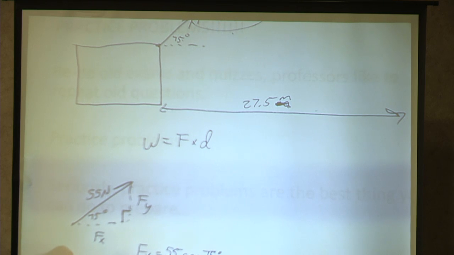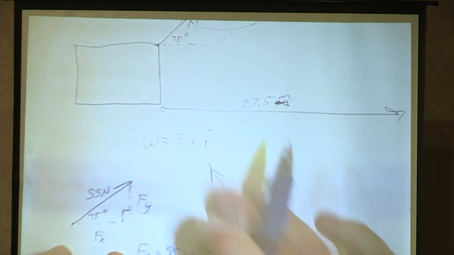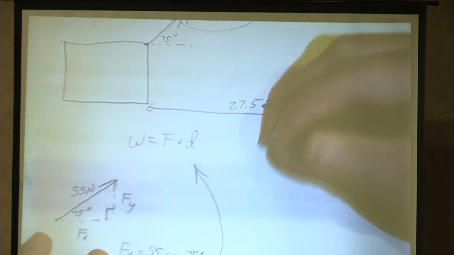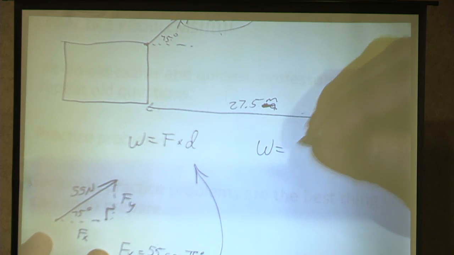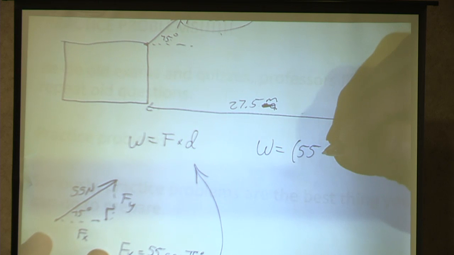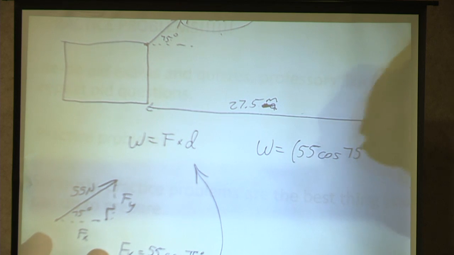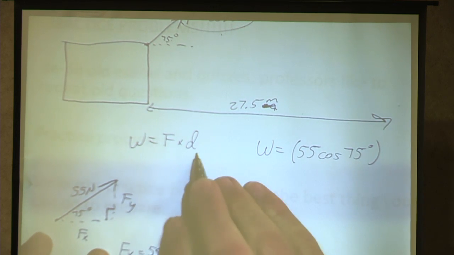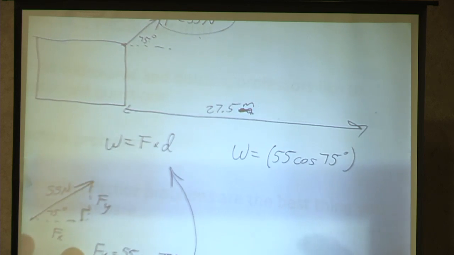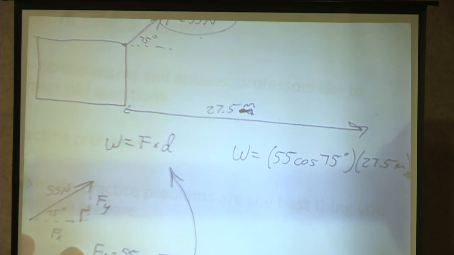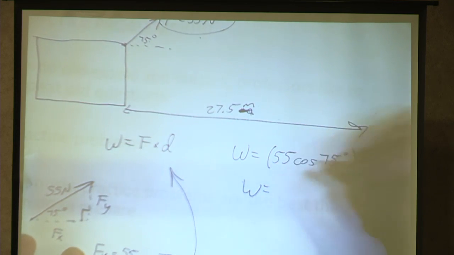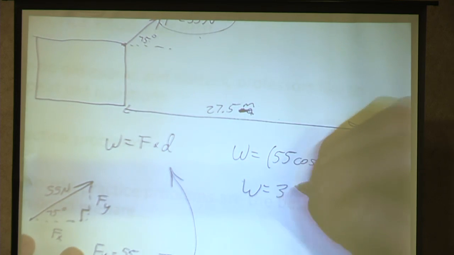Okay. So now we have Fx. We can plug that into our work. So work equals 55 times the cosine of 75 degrees times the distance that it moves, which is 27.5 meters. And we calculate it out. That work is 390 newtons.